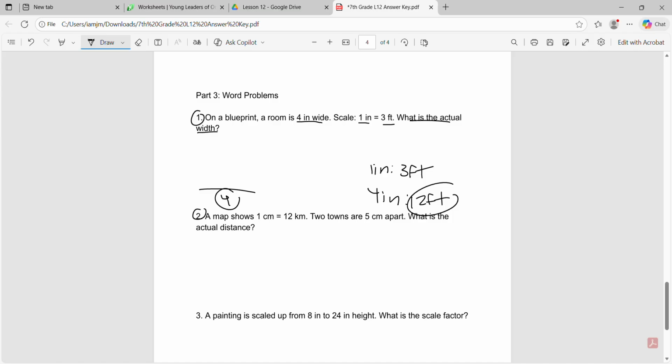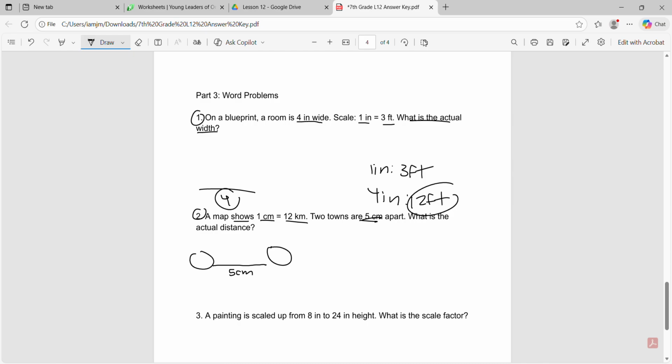Okay, moving on to our next question. A map shows 1 centimeter is equal to 12 kilometers. The two towns are 5 centimeters apart. What is the actual distance? So on the drawing, the two towns are 5 centimeters apart.